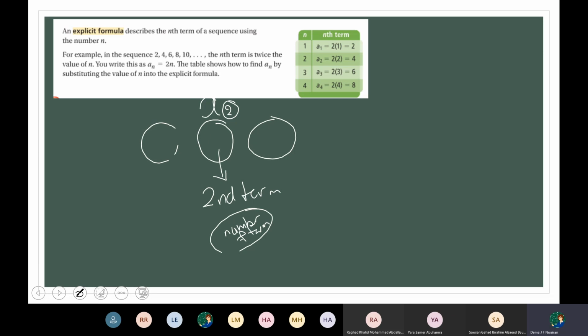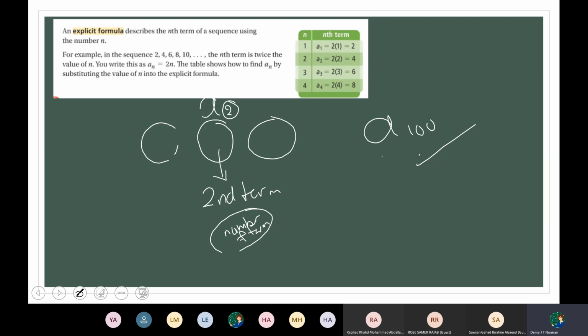The second thing for the explicit formula is that if I need to find a sub 100, it's very easy for me. I just evaluate 100 into the value of n.